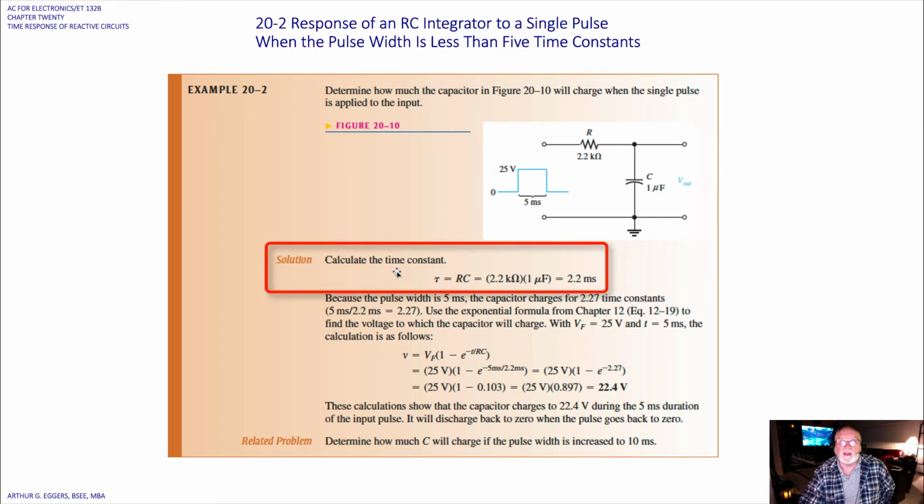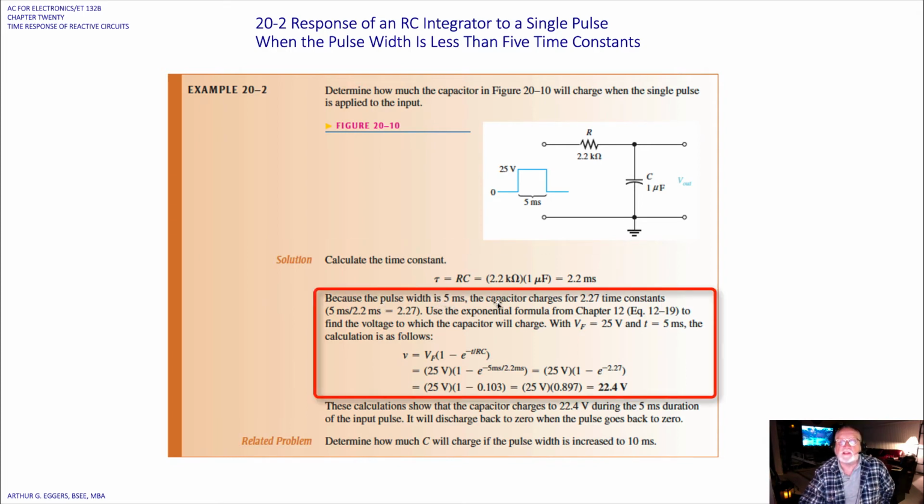So we calculate again, just like we did before, the time constant, tau, R times C. So we have 2.2 k ohms for the resistor, 1 microfarad for the capacitor, which gives us 2.2 milliseconds for 1 tau. Because the pulse width is 5 milliseconds, the capacitor charges to 2.27 time constants. So 5 milliseconds divided by 2.2 milliseconds gives us 2.27 time constants.